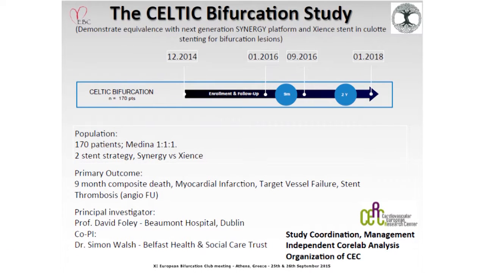Using the Synergy stent versus the Onyx stent in 111 Medina classification bifurcation lesions, non-left main stem. The plan is 170 patients, non-inferiority, with primary endpoints at 9 months, looking at a composite of myocardial infarction, stent vessel failure, and stent thrombosis with angio follow-up.